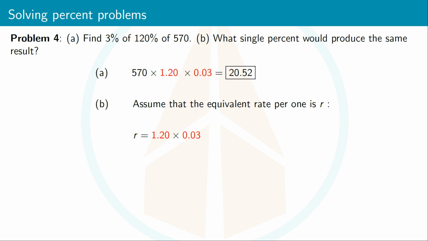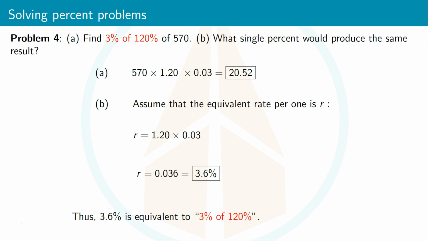So, in order to solve for B, we do not need to know the base, 570. Well, this rate is equal to 0.036, and because the question is about percent, we multiply this rate per 1 by 100 and obtain the rate per 100. Thus, 3.6% is equivalent to 3% of 120%. In terms of part A of this problem, 3.6% of 570 is 20.52.